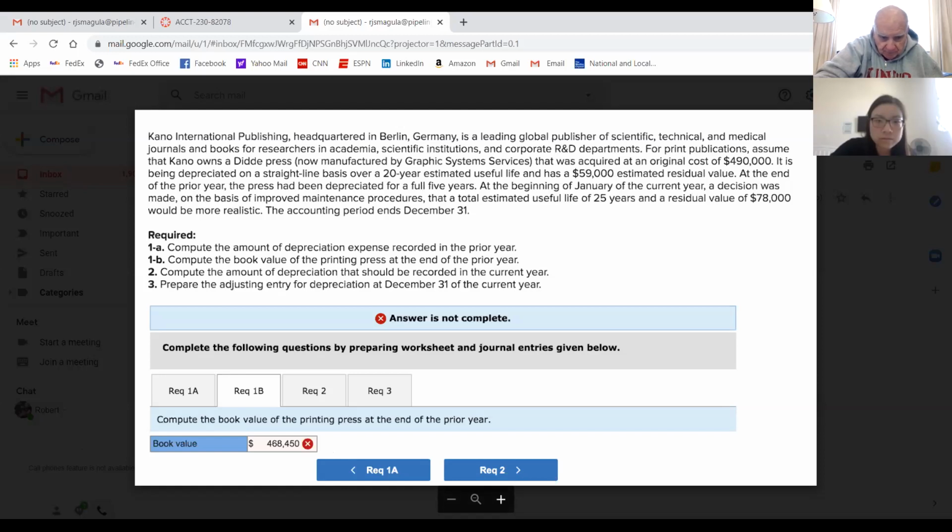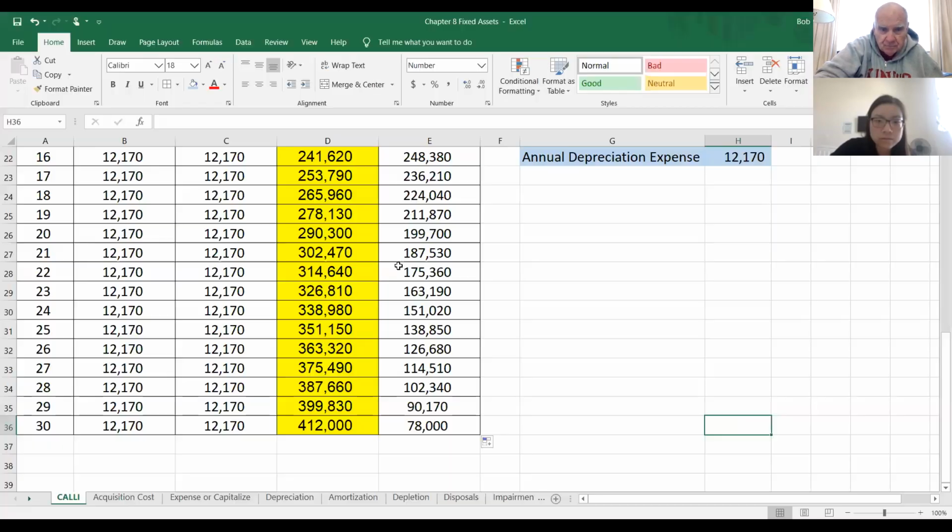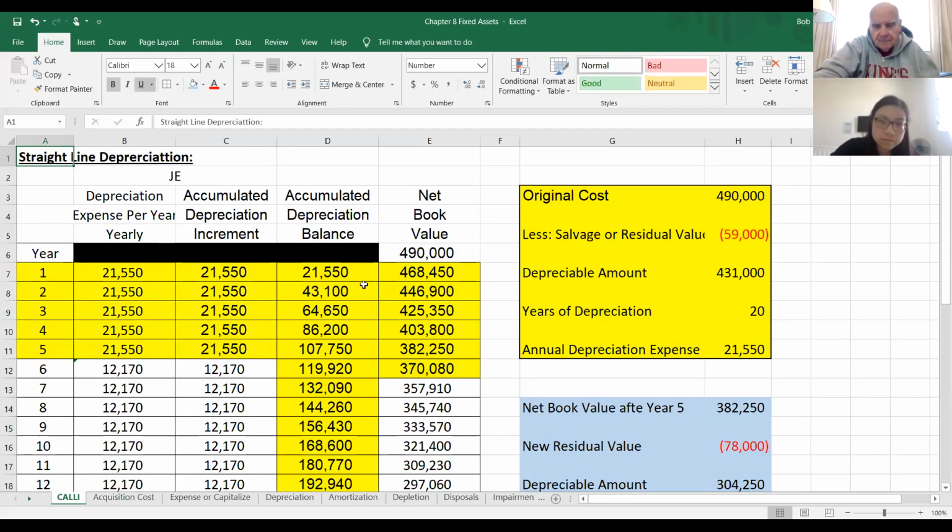Let's take a look, come here. Okay, well, here's what they originally did, right? Yes. And they had the salvage. So that was your annual depreciation expense, right? Yes.